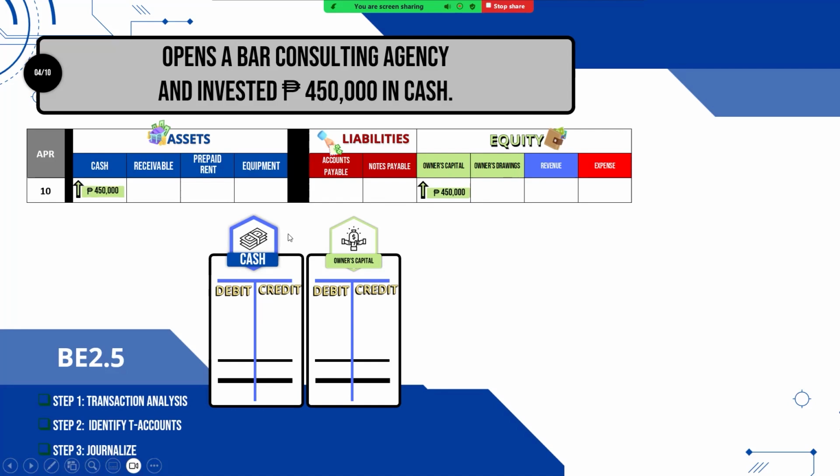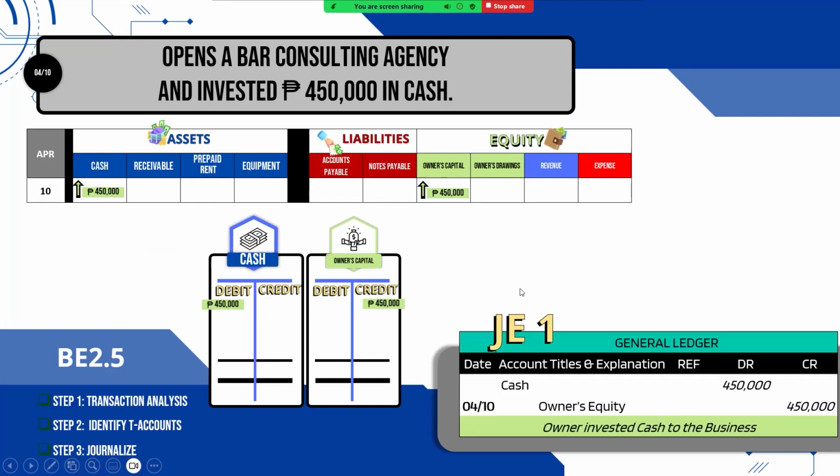Therefore, the 450 cash would be a debit. On the other hand, the normal balance of owner's capital would be credit, so an increase would be a credit of 450,000. Now we just transfer to a journal entry: debit cash of 450,000, credit owner's capital of 450,000.